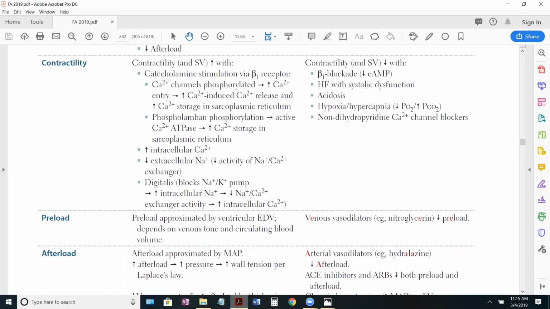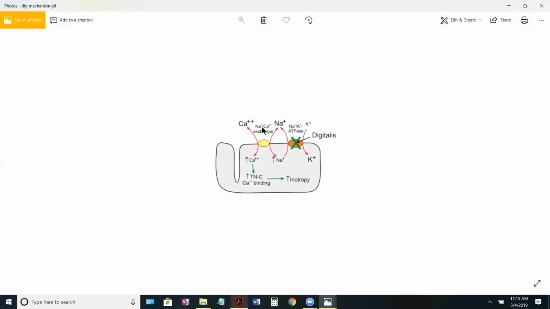No, no, no. Actually, after the depolarization, this pump gets activated, and it starts pushing calcium out. As we increase the sodium concentration due to the digitalis, this pump will become dysfunctional. Why?